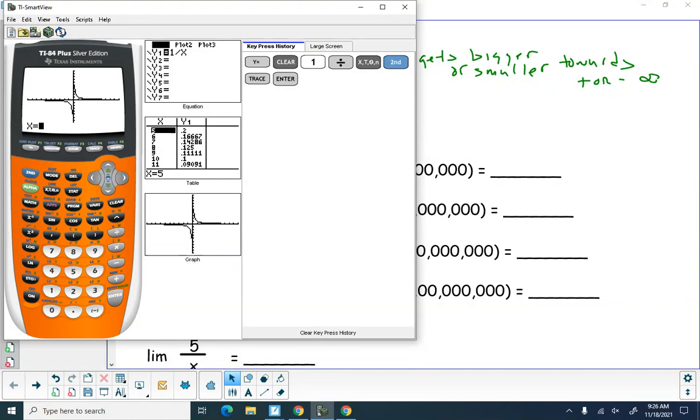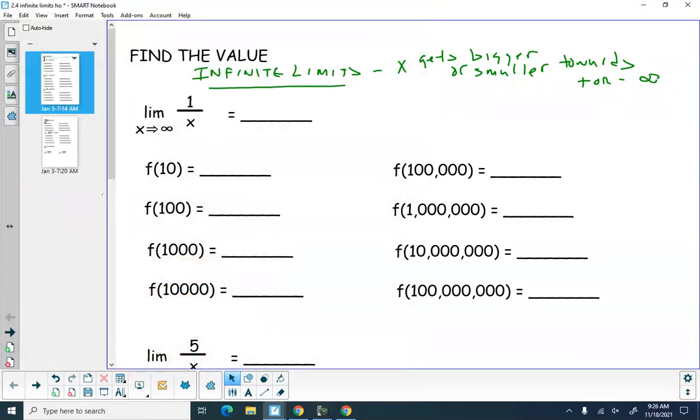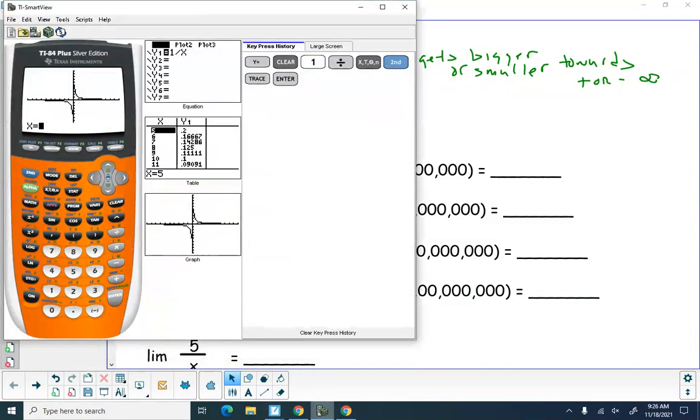The problem you're going to run into, though, is my domain's not going to allow me to do certain things. What I may have to do with my x values, because once I get past my 10 up here, I'm going to run into difficulties. So let's go to Window.